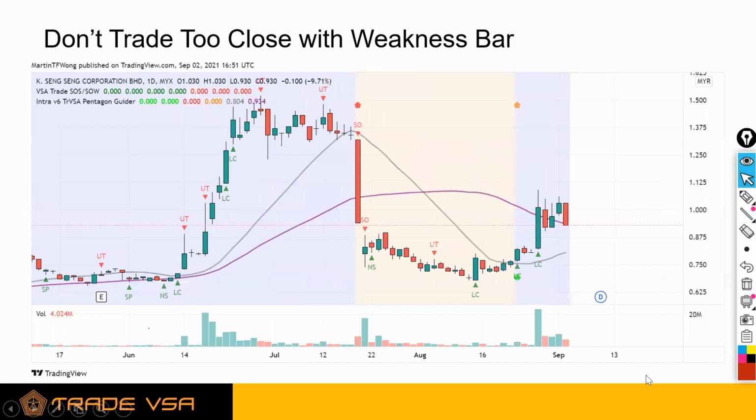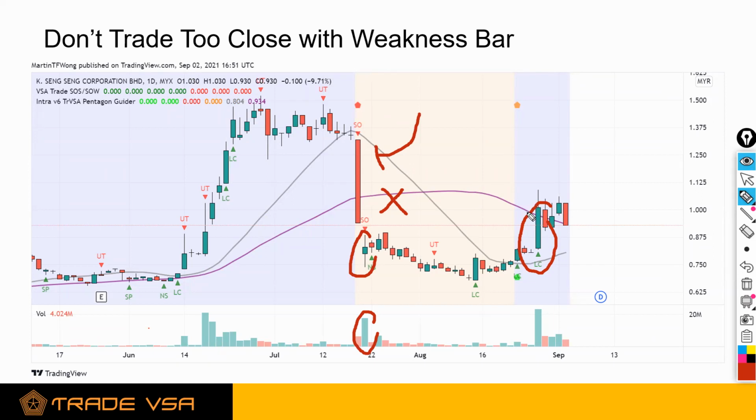Now this is another example, KSSC. I was kind of surprised that the up bar with high volume came in so fast. I thought this one was going to go sideways for a while. Here is the sell off with high volume, and here we got 1 bar of high volume coming up. But again, don't trade, because this is really too close to the sell off high volume. Here it's slightly better, because this bar has higher volume, crossing back above the 20 40s.